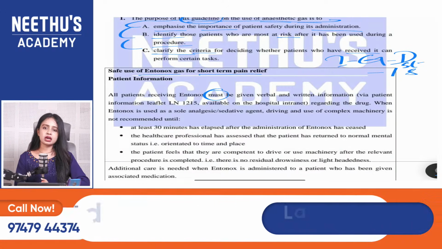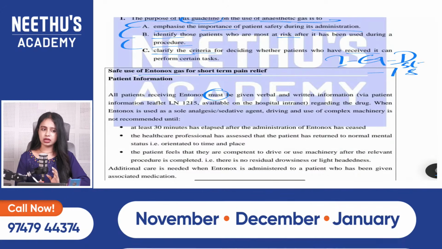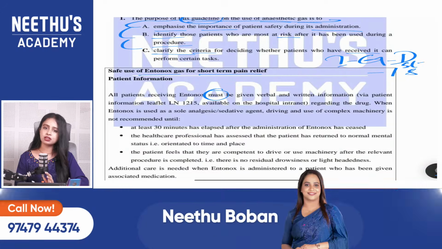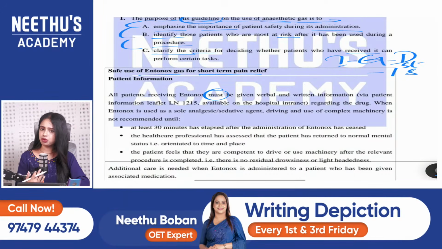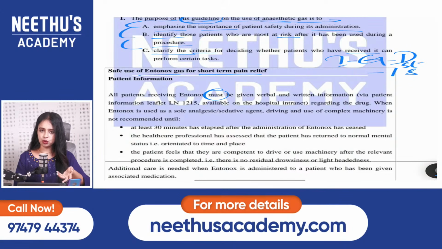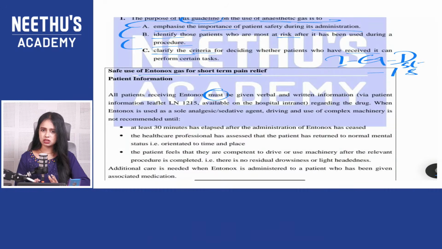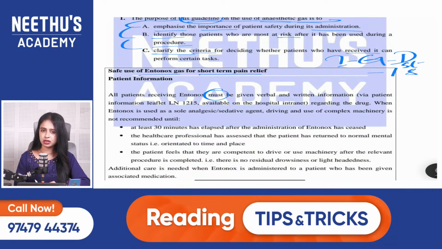Other words are follow, because guidelines are a set of rules and regulations, instructions and principles that we have to follow. So words like follow, comply, abide, as well as adhere will be there. Not always, but you can see a lot of words like this.